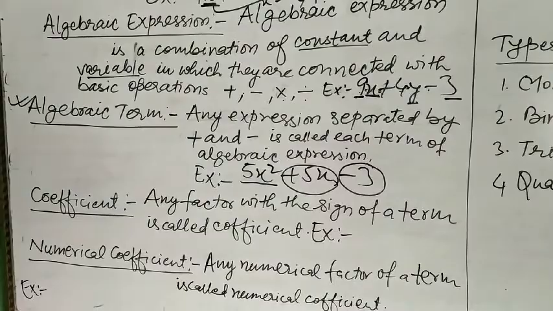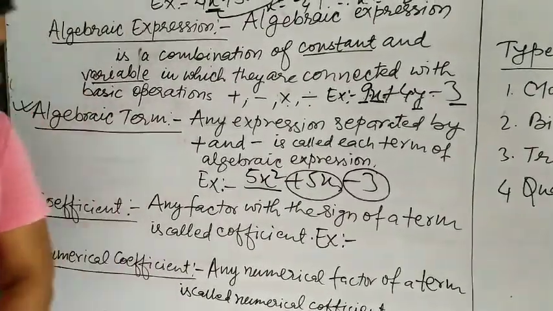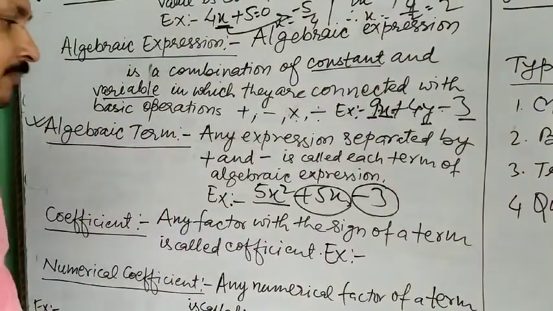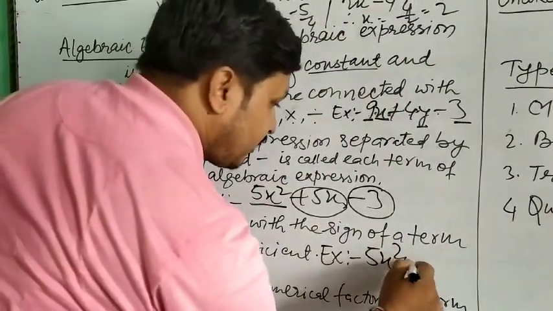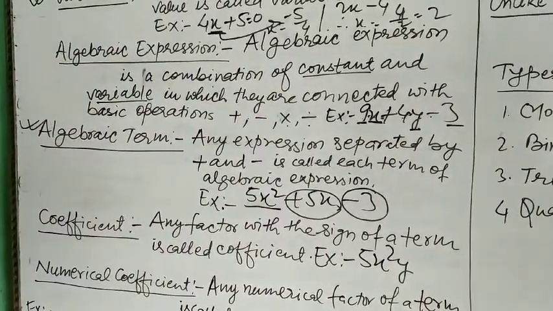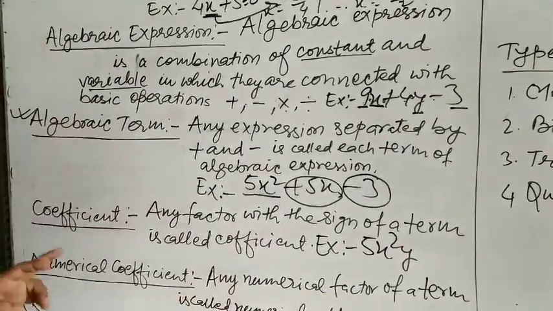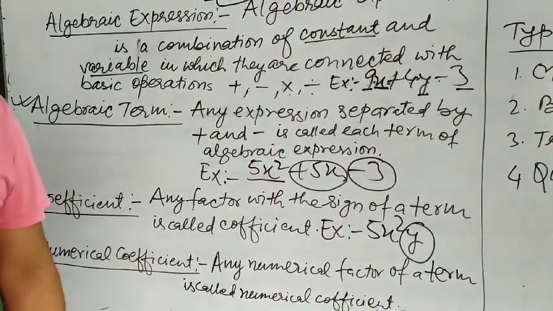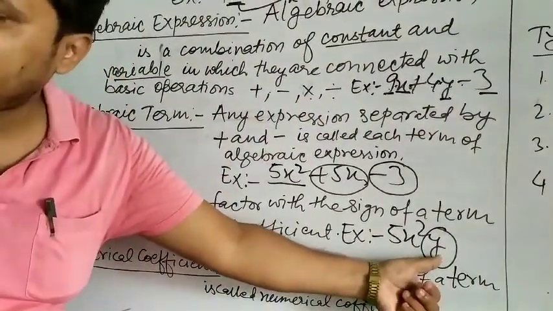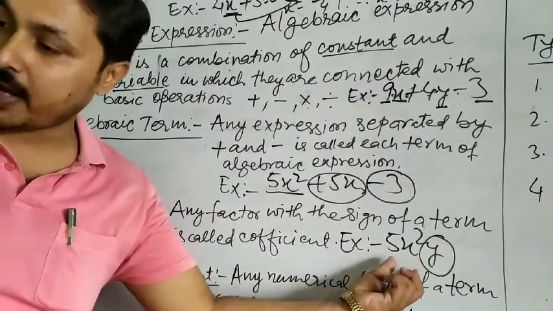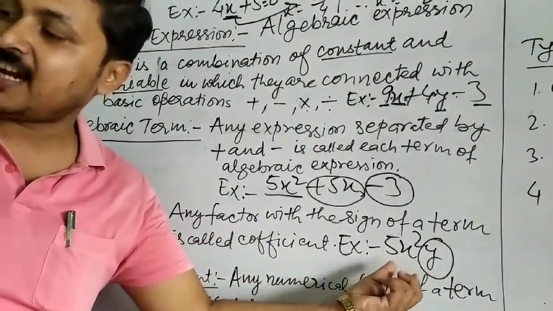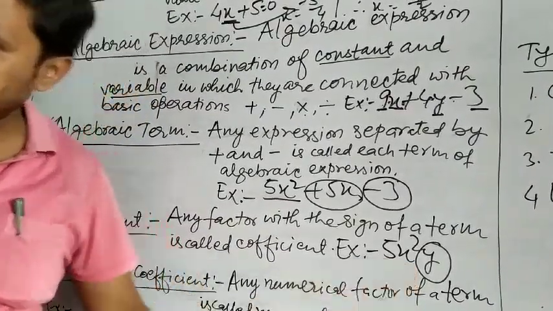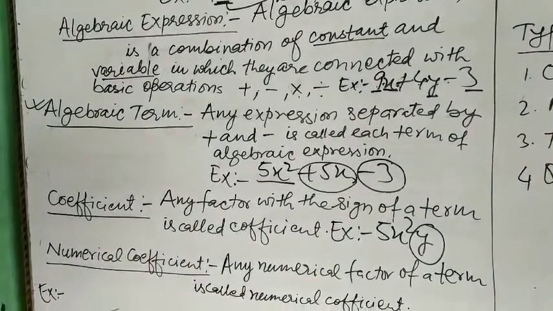Now coefficient: a factor with the sign of a term. That means if factors are given with a sign, those are the coefficients. Here we have taken 5x² y. If I ask you what is the coefficient of y, that means the multiplier, the factors, that means 5x square. 5x square is the coefficient of y.